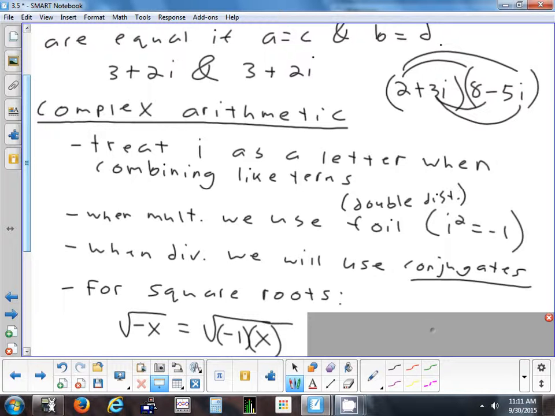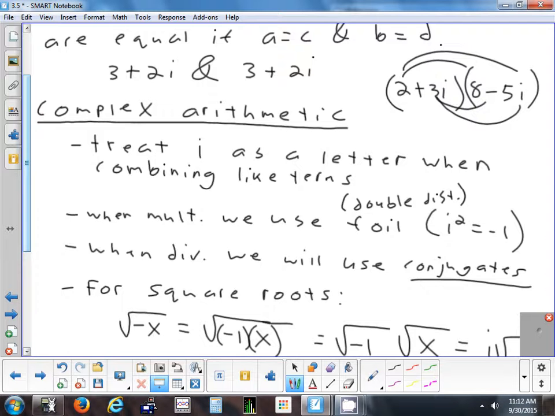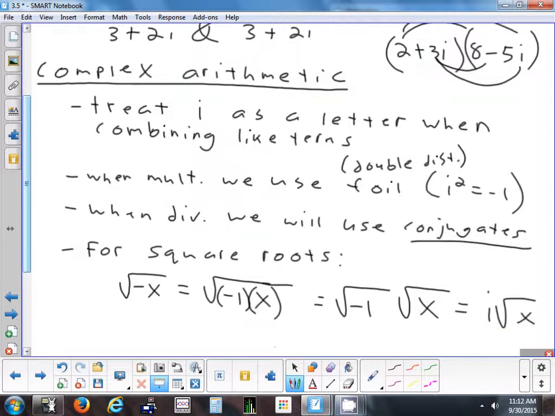And then break this square root apart into two separate problems: square root of -1 and square root of x. And what did we just say the square root of -1 is? How do we represent that? i squared. I. So basically what happens when you take a square root is you take the square root of the number you want and you take an i out. We take that i out because of that negative under the root.